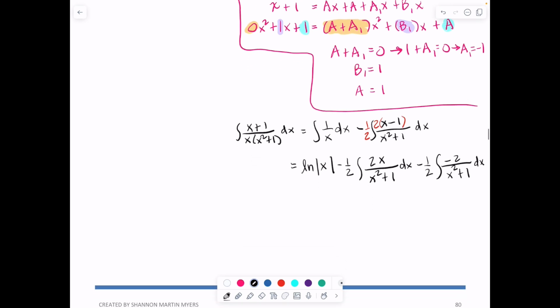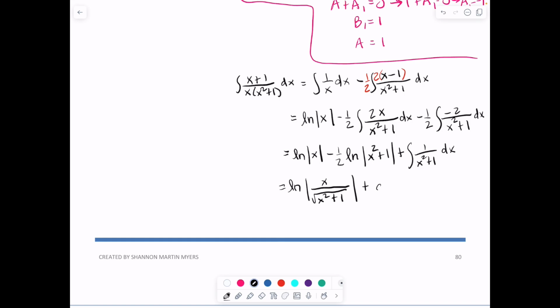Now, I can simplify the negative 1/2 and the negative 2. So we're going to end up with natural log absolute x plus arc tangent of x, because our a is 1, so you'd have 1 over 1 times arc tangent of x over 1.